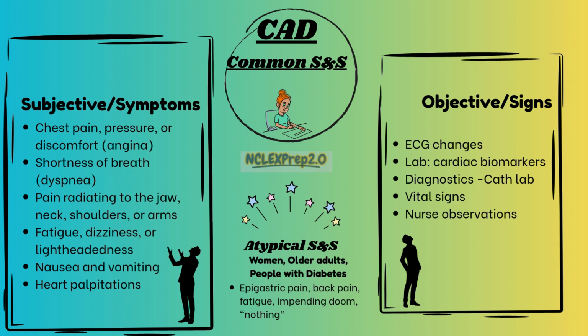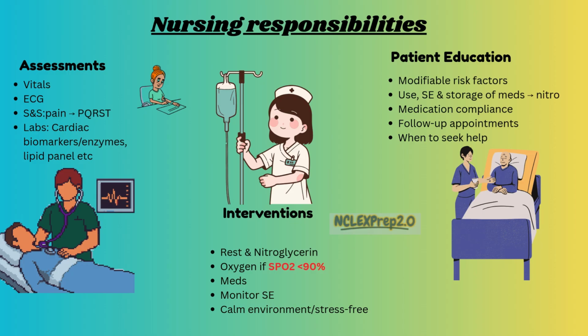They have some back pain that doesn't go away. They're fatigued. Some will have this impending doom feeling, and some may feel nothing, literally silent angina, like older adults and patients with diabetes, because some patients with diabetes have neuropathy, and because of that, they do not feel pain. So you have to be watchful.